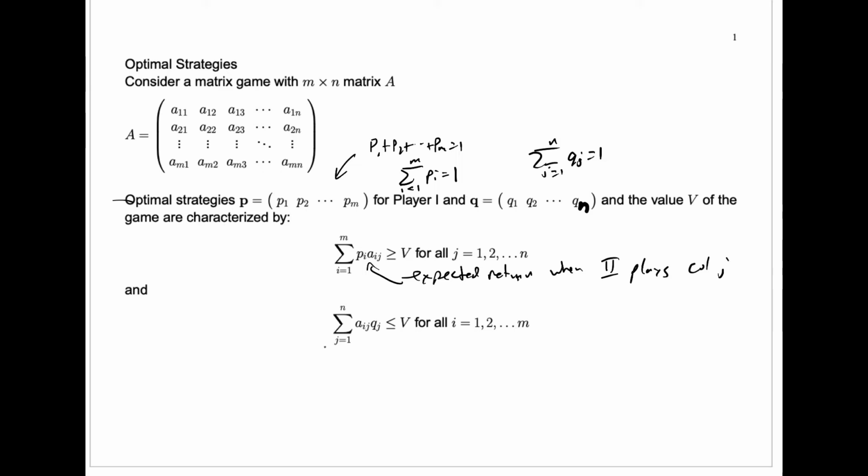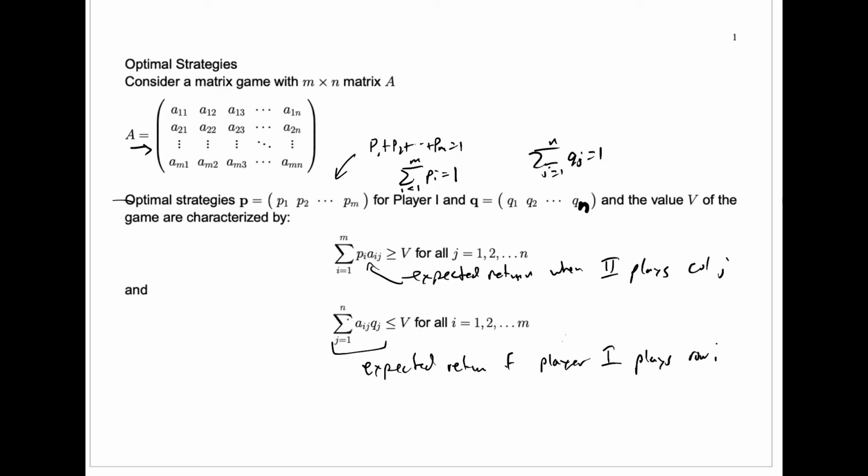And similarly, this quantity on the left represents the expected return if player 1 plays row i. So if player 1 plays row i, that would be Ai1, Ai2, etc. The expected return would be Q1 times Ai1 plus Q2 times Ai2, etc., all the way up to Q sub n times Ain.